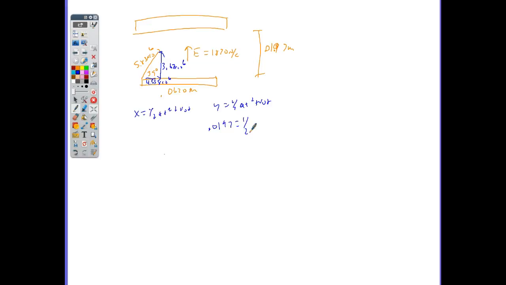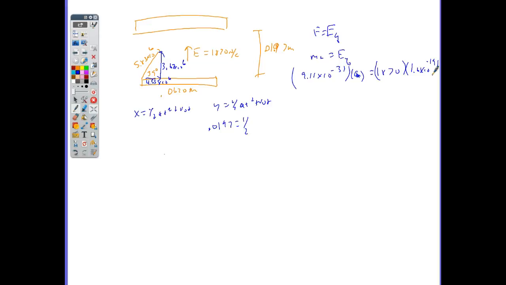I need the acceleration. To get the acceleration, I'm going to go EQ equals F, MA equals EQ. The mass of an electron is 9.11 times 10 to the negative 31st times acceleration, which I don't know, is equal to electric field, which is 1870, times the charge of an electron, which is 1.6 times 10 to the negative 19th. Agreed?